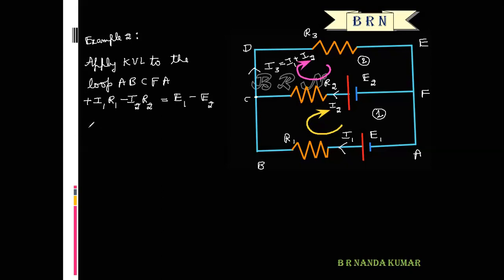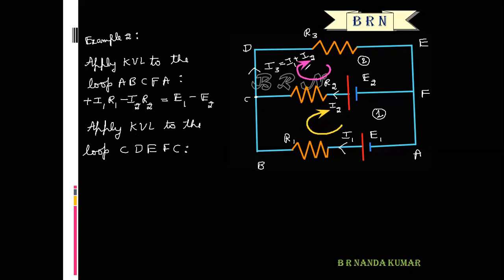Okay. After that, again apply Kirchhoff's voltage law to the loop. The loop is C, D, E, F, C. C to D, there is no resistance.